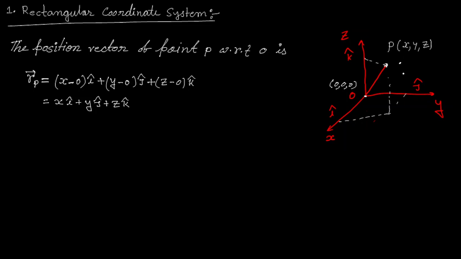So what will be the coordinate of this Q point? Let's say this is the Q point. If we want to go from P point to Q point, we have to increase the value of x by dx. So Q point will have a coordinate x plus dx. Similarly, if we increase the y value by dy, then the y coordinate of this Q point will be y plus dy, and similarly for z coordinate, z plus dz.